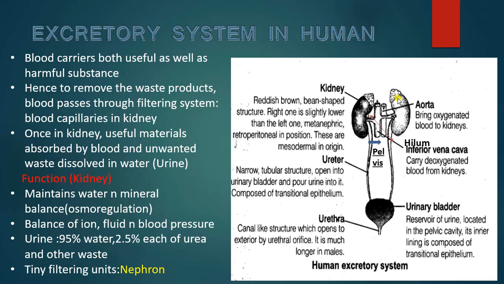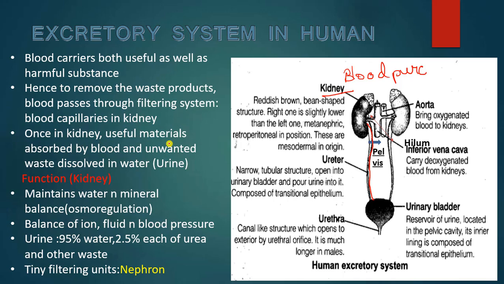In the same way, the kidney is the major filtering unit, making the blood pure and removing the impurities, and whatever impurities there are mix with the water and make the urine. Then this urine goes into the ureter to the urinary bladder. Once the urinary bladder gets full, the urine is excreted out of your body through the urethra. So the major function is filtration.